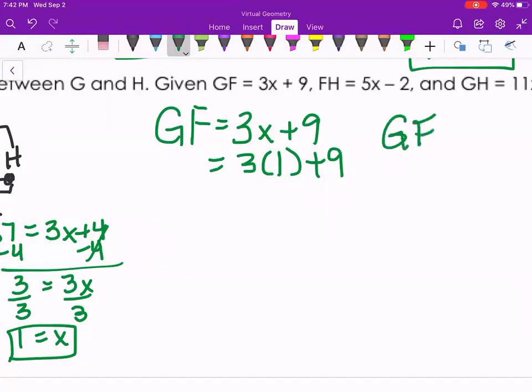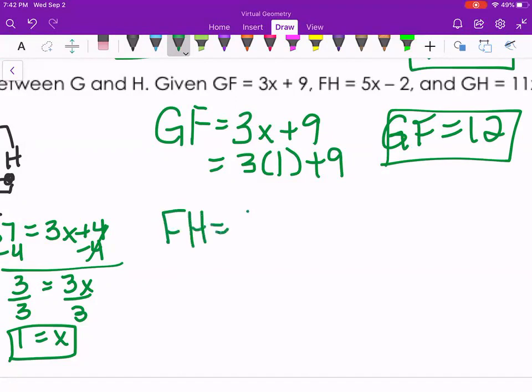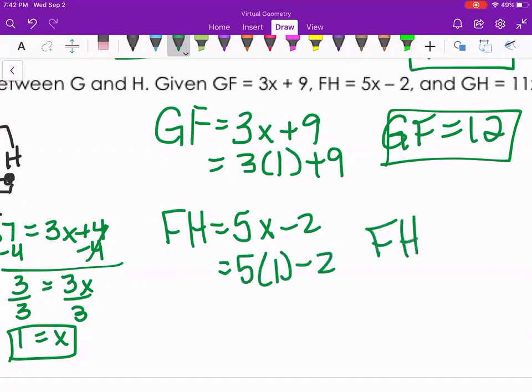So GF is equal to 12. Let's find the next piece, FH. FH is supposed to be 5x minus 2. So 5 times 1, take away 2. So 5 times 1 is 5. Take away 2, and we get a 3.